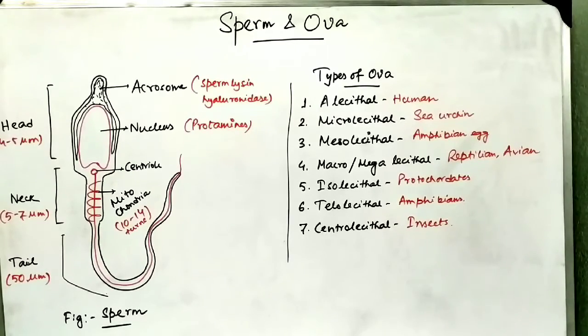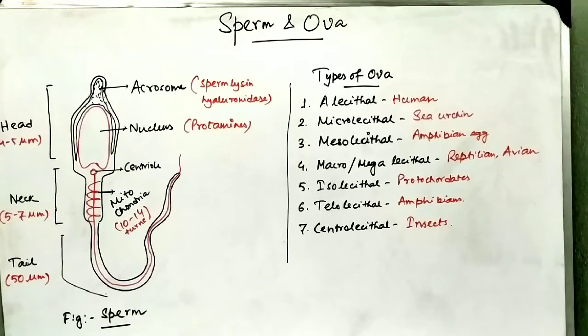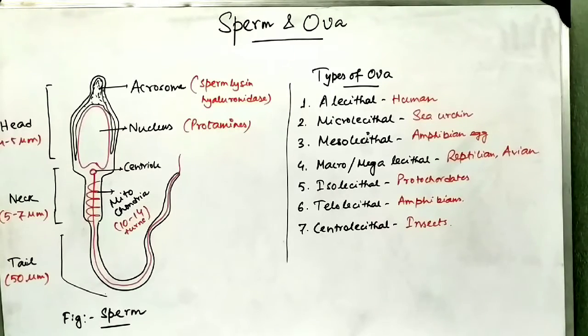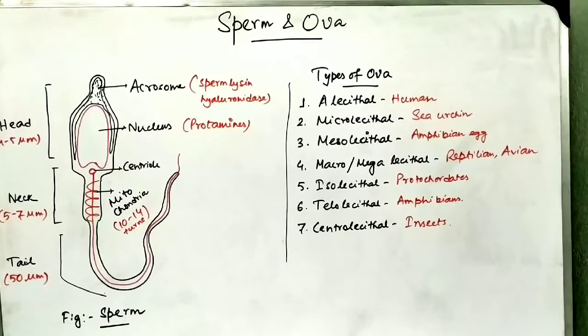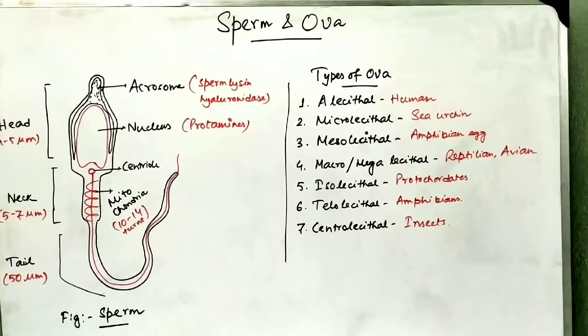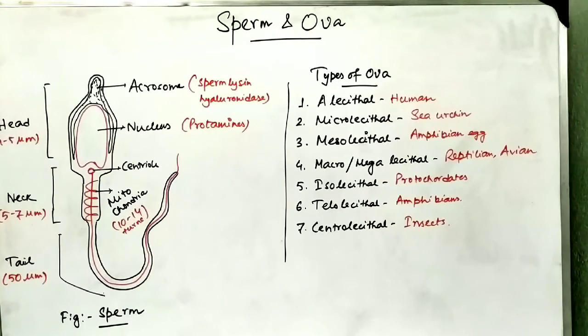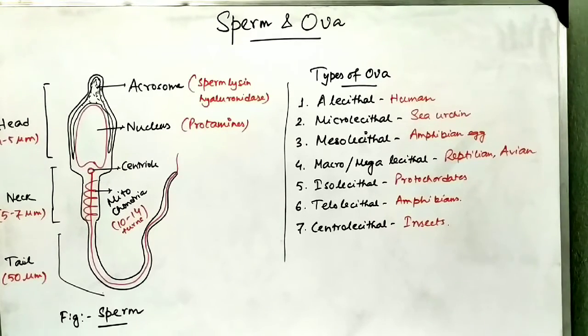So inside the head, the acrosome helps in the penetration, and the sperm membrane also has receptors for the ZP3 proteins. The ZP3 proteins are the zona pellucida proteins which are present at the surface of the ovum, or the zona layer of the ovum, and the sperm attaches to those zona pellucida proteins, ZP2 and ZP3.